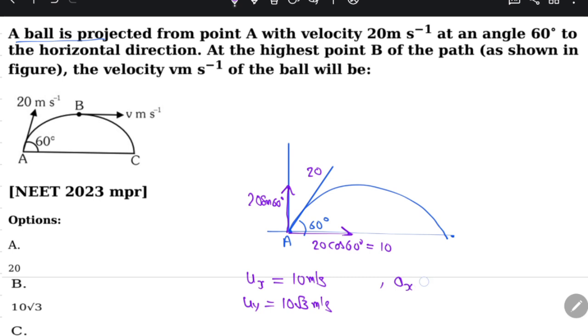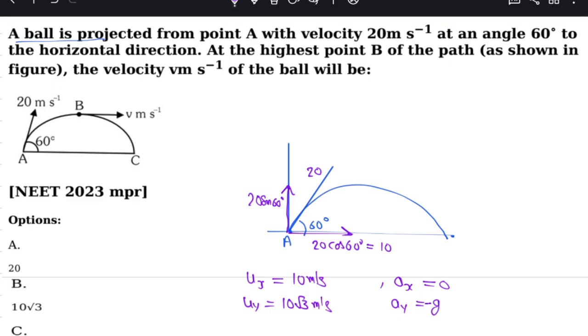Acceleration in the x direction is 0, and acceleration in the y direction is minus g. In projectile motion, the horizontal component of velocity always remains constant. Why?